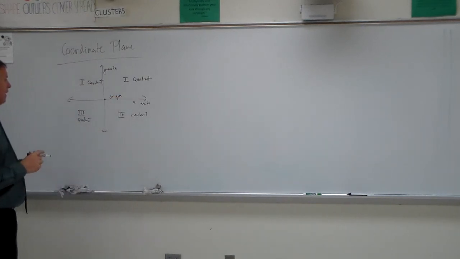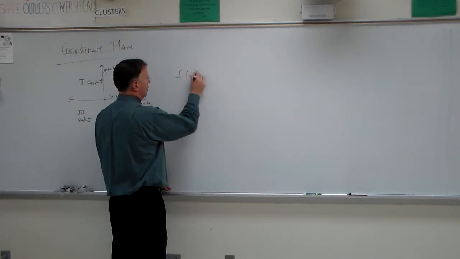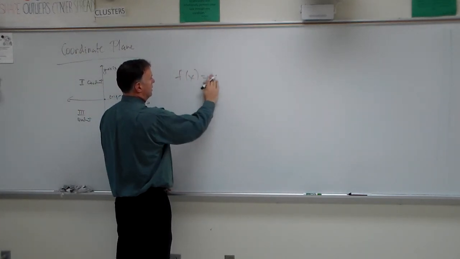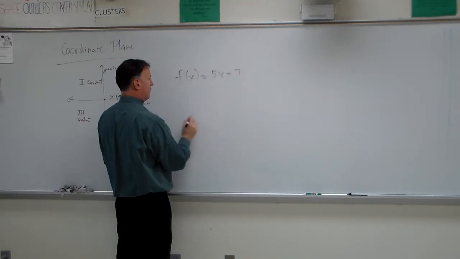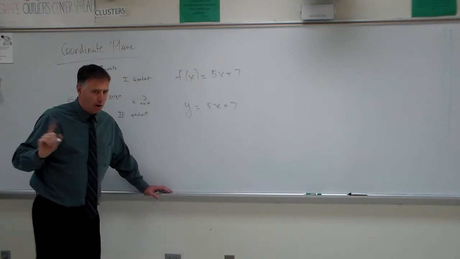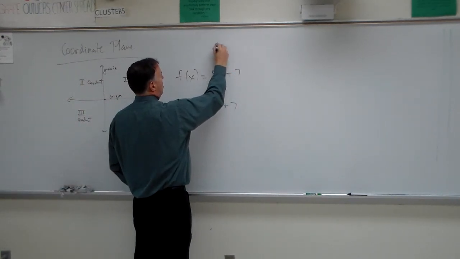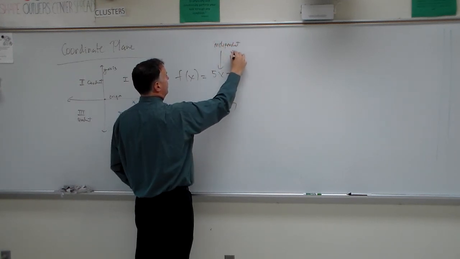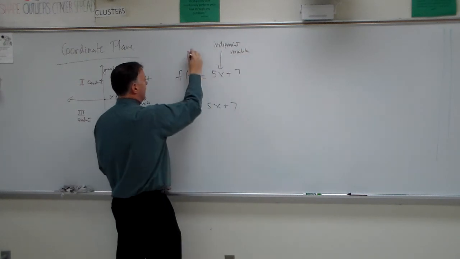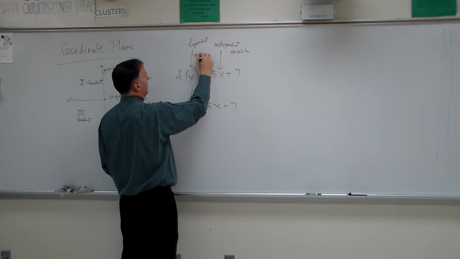The other thing I want to talk about is when we have a linear function or a linear equation, y equals 5x plus 7. Doesn't matter which one of these you have. The x is called your independent variable, and the f of x, or the y, is called your dependent variable.